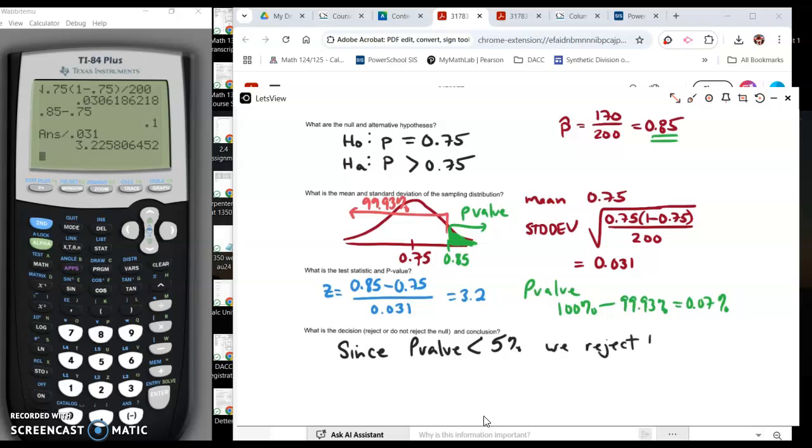If p is really small, we have evidence against the null, and our conclusion would just be there is evidence to show the proportion of trout is more than 75%. And that problem is done.